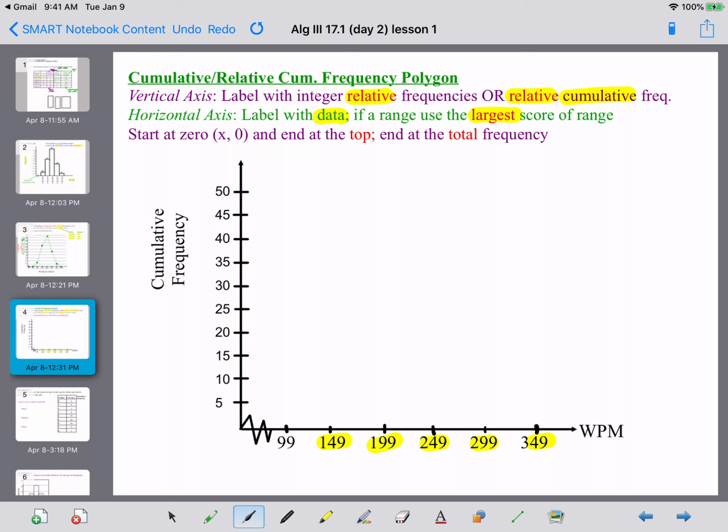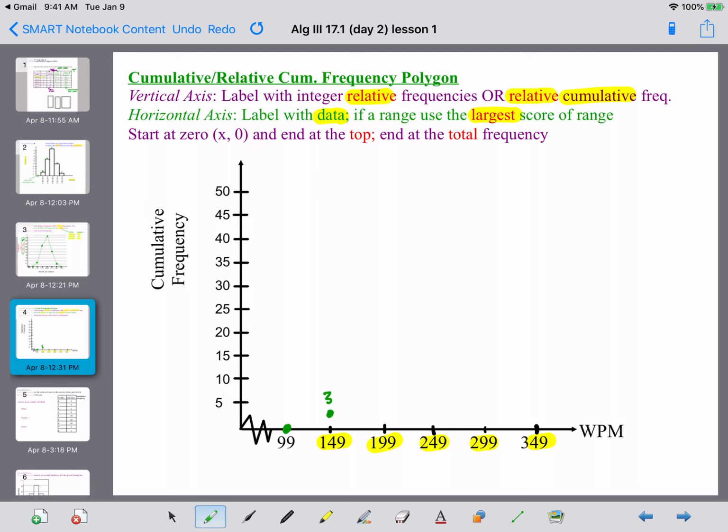So we always use the largest part of the range. Okay, so when we start this, we're always going to start our first point at 0 because we didn't have anyone who typed lower than 100 words per minute. All right, and then at 149, we are up to 3 people. And I'm going to label this with 3 so we know where that is.